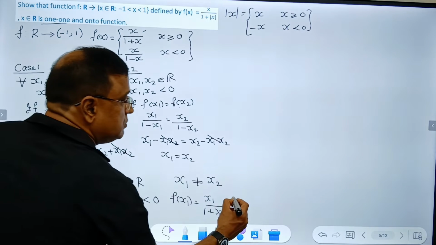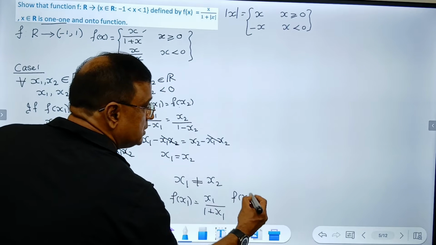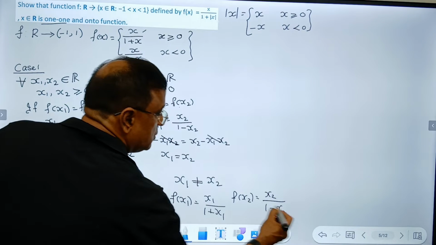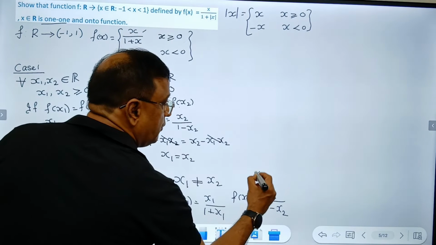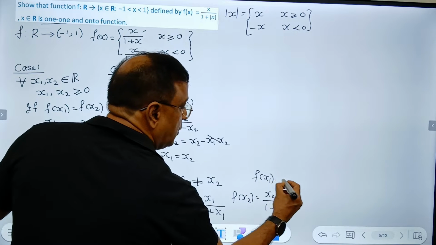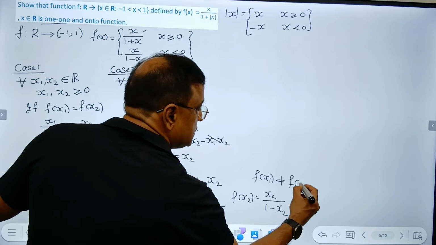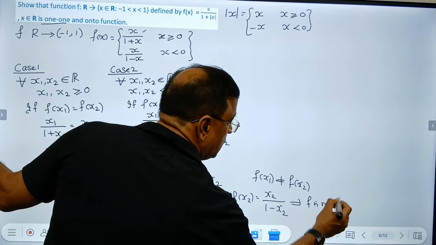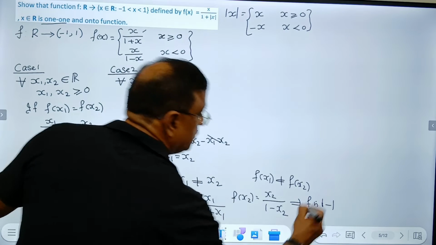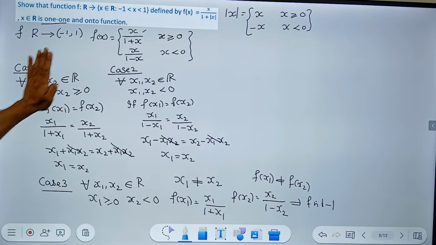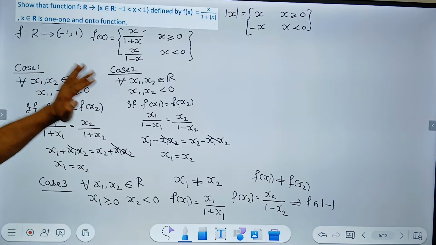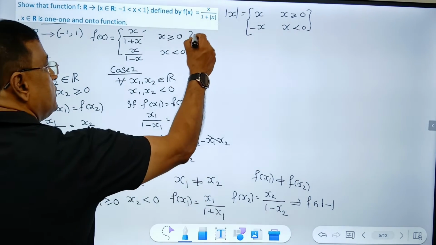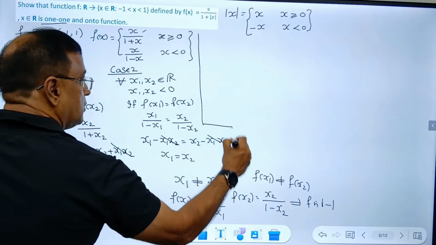What is f of x2? f of x2 is x2 by 1 minus x2. So clearly you can see f of x1 is not equal to f of x2. This implies f is 1 to 1. So case 1, case 2, case 3, all three should be discussed for 1 to 1. Okay, so that finishes the 1 to 1 part.